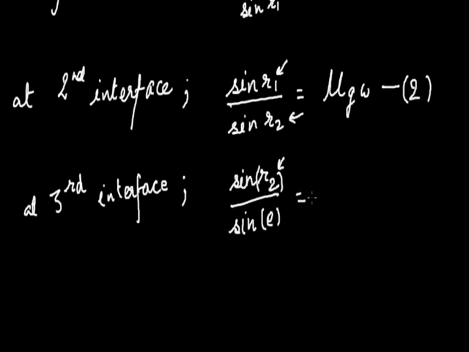According to Snell's law, this ratio should equal the refractive index of air with respect to glass. This equation may be numbered 3.